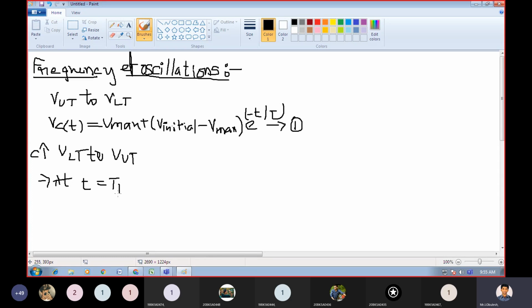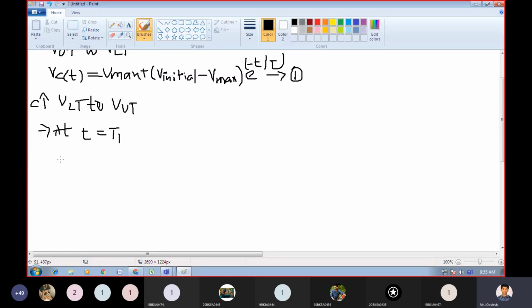Rewrite equation number 1. If t is equal to capital T1, then the voltage across the capacitor reaches the upper threshold voltage. Therefore Vc of T is nothing but the maximum voltage VUT.